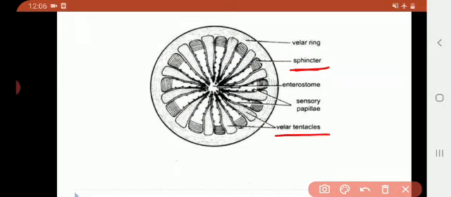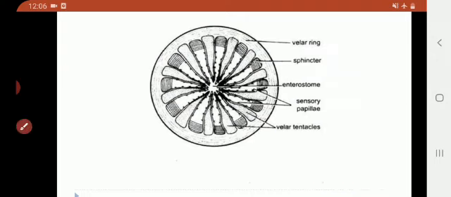Just like the oral cirri, here also it is provided with sensory structures, right? These velar tentacles serve to strain water and prevent entry of unwanted particles through the enterostome into the pharynx. So I hope till here it is clear to you.